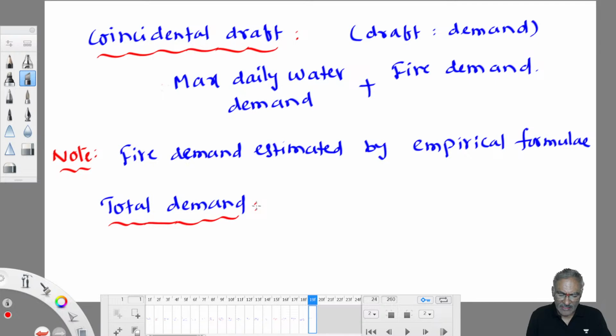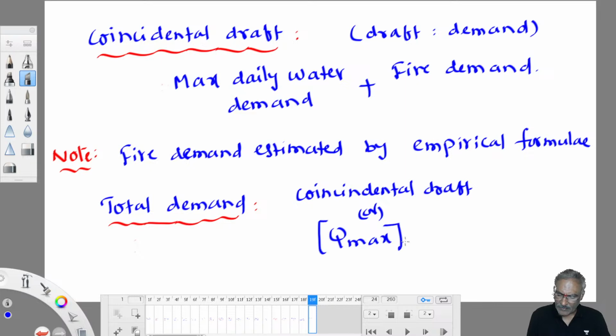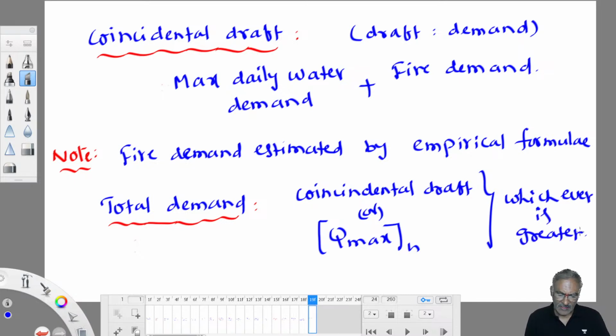So total demand is equal to coincidental draft or maximum hourly demand. Between them, whichever is greater, whichever is more, that is taken as total demand.